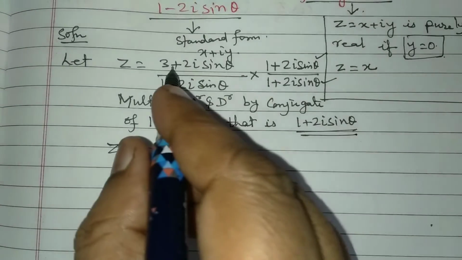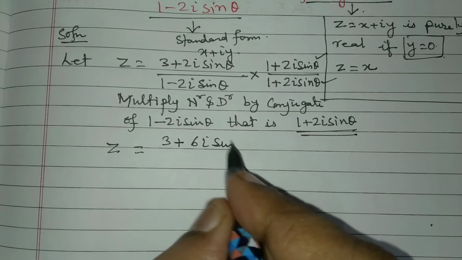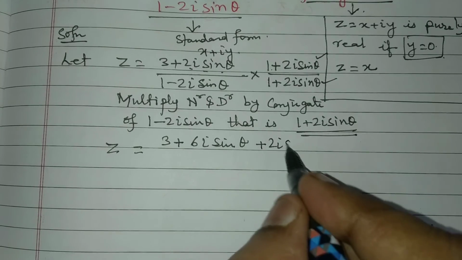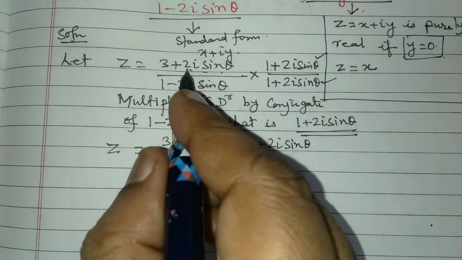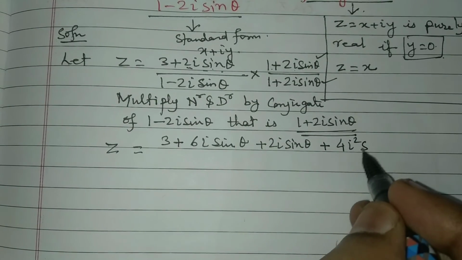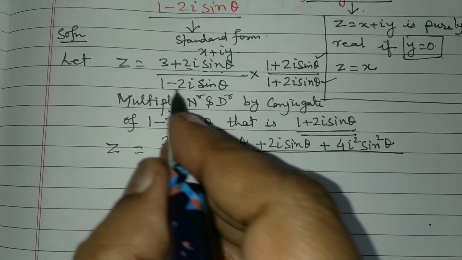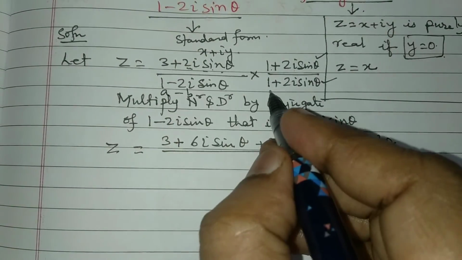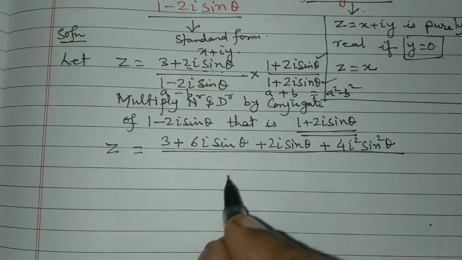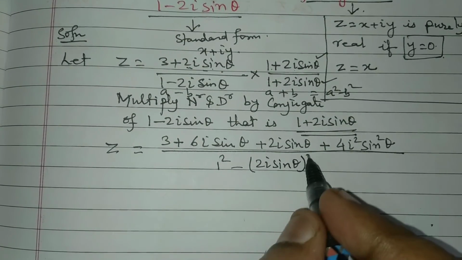z is equal to 3 multiplied by 3 plus 6i sin theta, and now 2i sin theta into 1, so plus 2i sin theta, and 2i sin theta into 2i sin theta gives 4 i square sin square theta. This is divided by, it is (a minus b)(a plus b), so a square minus b square, so 1 square minus (2i sin theta) whole square.